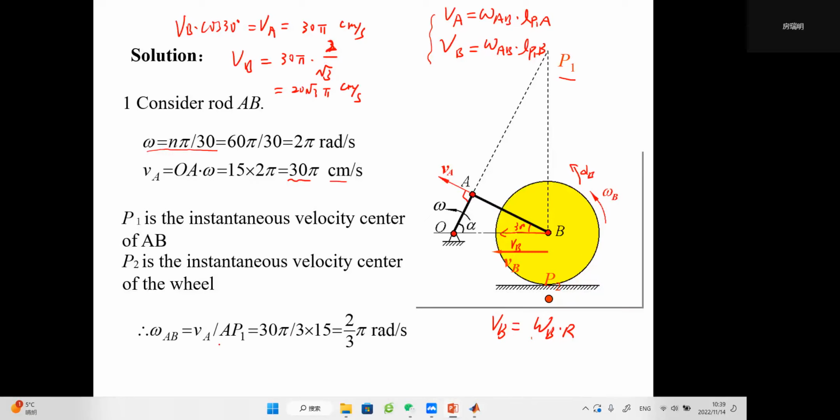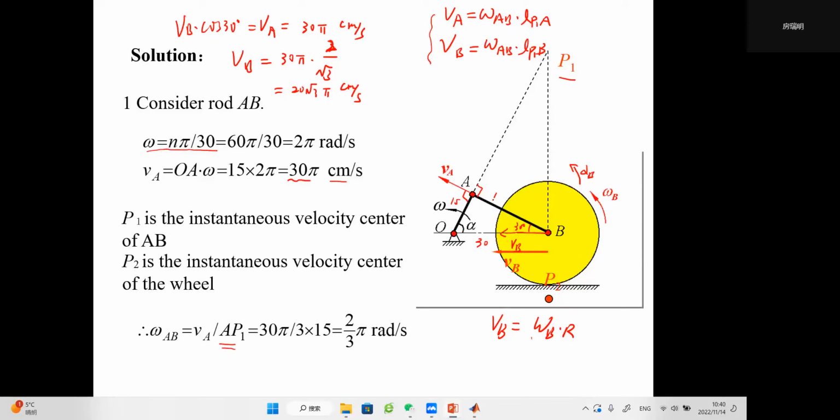So you guys can find our omega AB. How do we find the length AP1? Because we know here is 90 degrees, and OA is 55, right? And this is 30 degrees, then OB will be 30. And this length AB will be 30 times cosine 30.